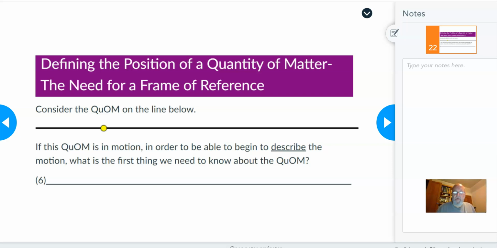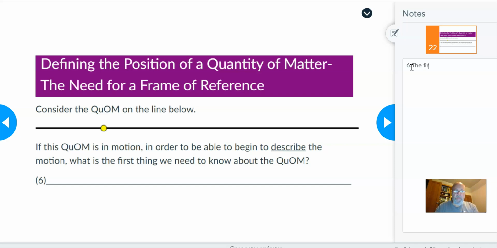Okay, so I've already sort of asked that as a little bit of a quiz, but here's a little bit more of a direct question, so I want you to write down your answer for this. I'm going to type out what I think the answer is. The first thing that we need to know about the quantity of matter, and it's not what I think it is, it's what it is. What is the first thing we need to know?